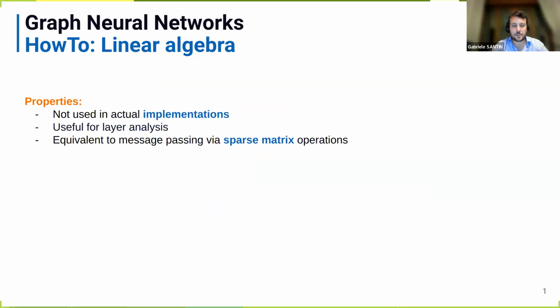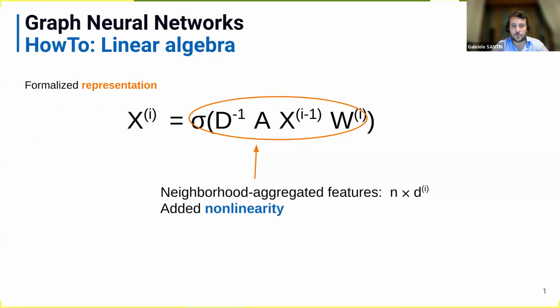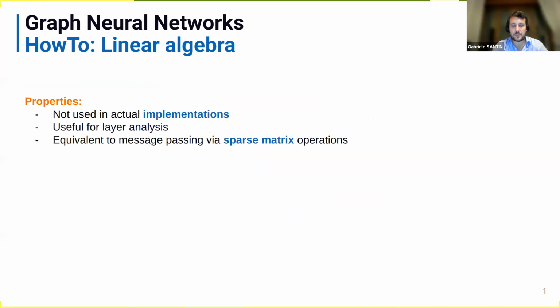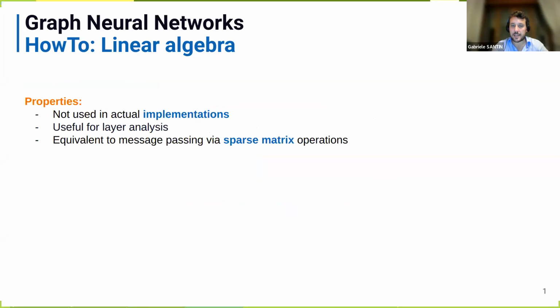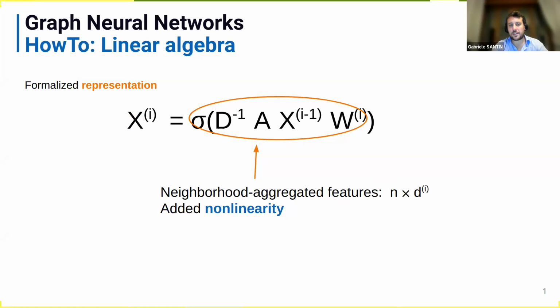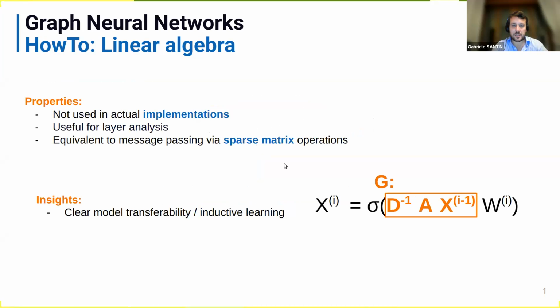It also shows that if you perform all of this in terms of sparse operations, it is perfectly equivalent to message passing, in the sense that at every iteration all operations are performed in exactly the same way as for message passing. And this also shows in a convenient way that these kinds of layers are easily transferable over graphs, or rather that we are doing some form of inductive learning.